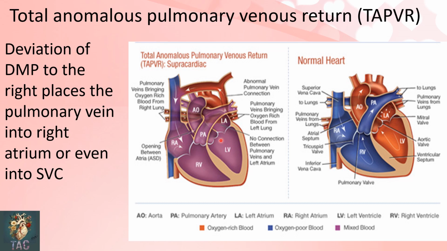Here in this diagram you can see these are the pulmonary veins, and their origin is deviated to the right side because of the deviation of the dorsal mesenchymal protrusion, and because of this deviation the four pulmonary veins either arise from the right atrium or even drain into the superior vena cava. So this one is the anomalous connection between the pulmonary vein and the superior vena cava. The condition is called total anomalous pulmonary venous return, that is supracardiac in origin, and this is because of deviation of the DMP to the right side.